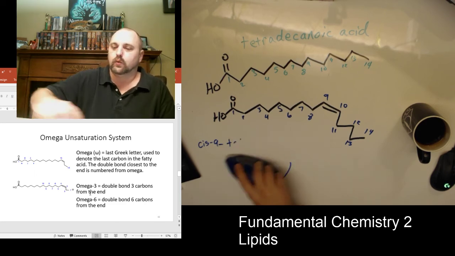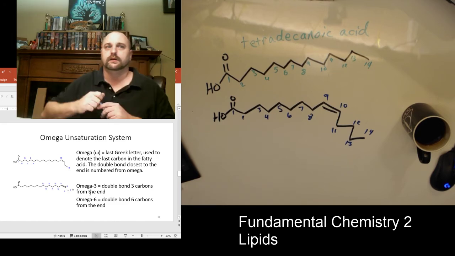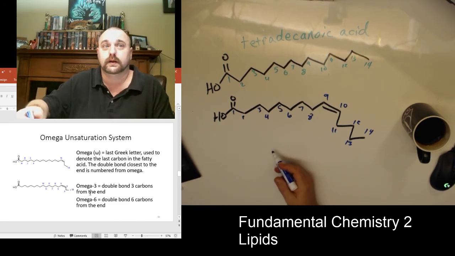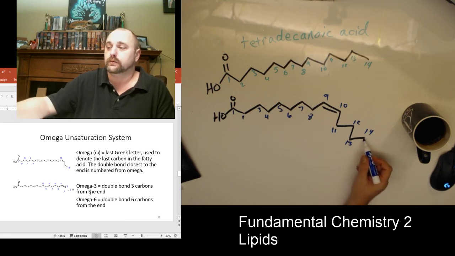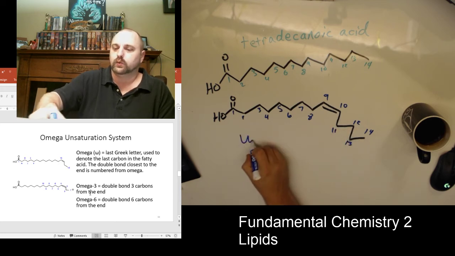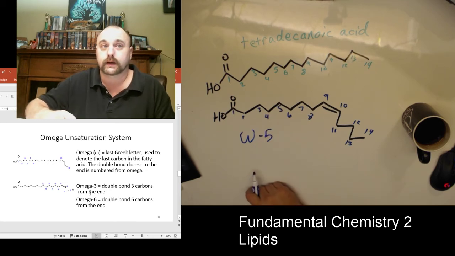So when we're classifying these, this is the omega system, omega being the last letter, and we number them from the back. So 1, 2, 3, 4, 5. This one you just wouldn't really see, but it'd be an omega-5 fatty acid.